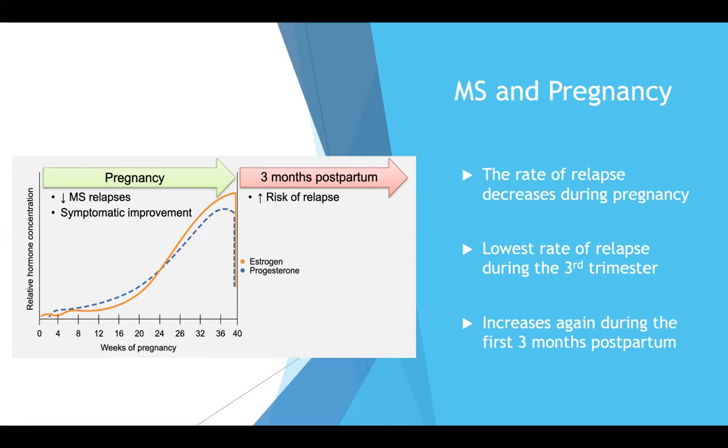As we can see on this graph, as the relative concentration of estrogen and progesterone increases, the risk of MS relapses actually decreases, and the symptoms significantly improve. However, this completely changes immediately postpartum. So throughout the first 3 months of postpartum, the risk of relapse is actually the highest.